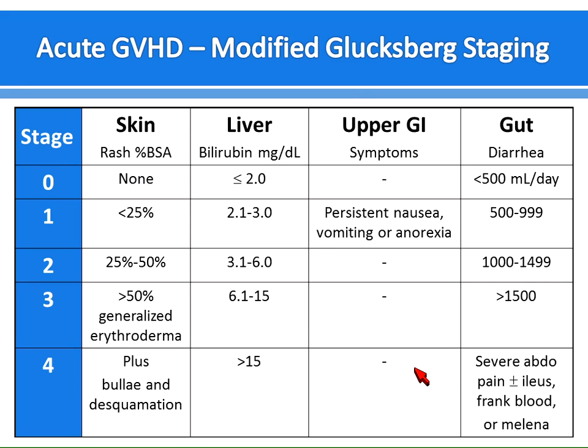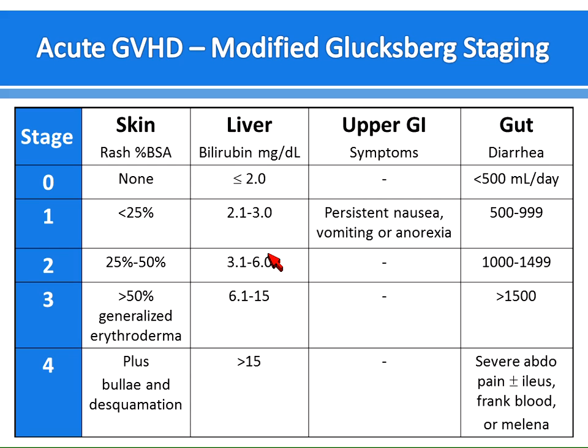So the Glucksberg staging modified here is shown in the Arabic 0 to 4 numerals on the left-hand column according to the extent of rash, liver abnormalities, and gut symptoms. And I just want to highlight here that the classification in the acute GVHD setting relies on the height of the bilirubin, whereas I'm sure you're all familiar with the fact that now, particularly when we're using ursodiol prophylaxis for liver, we rarely see that.